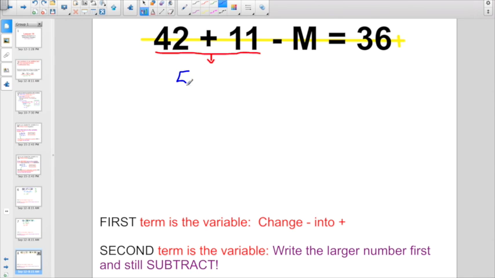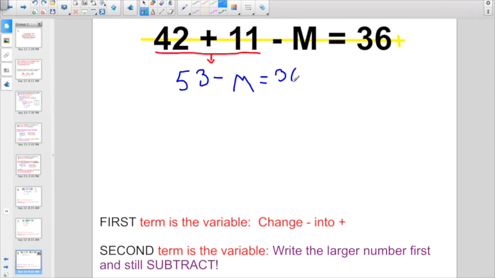In this case, 42 plus 11 would give us 53. Then write down everything else that's not underlined. I did not underline the minus. I did not underline that m. I did not underline that equal sign. And I did not underline that 36.